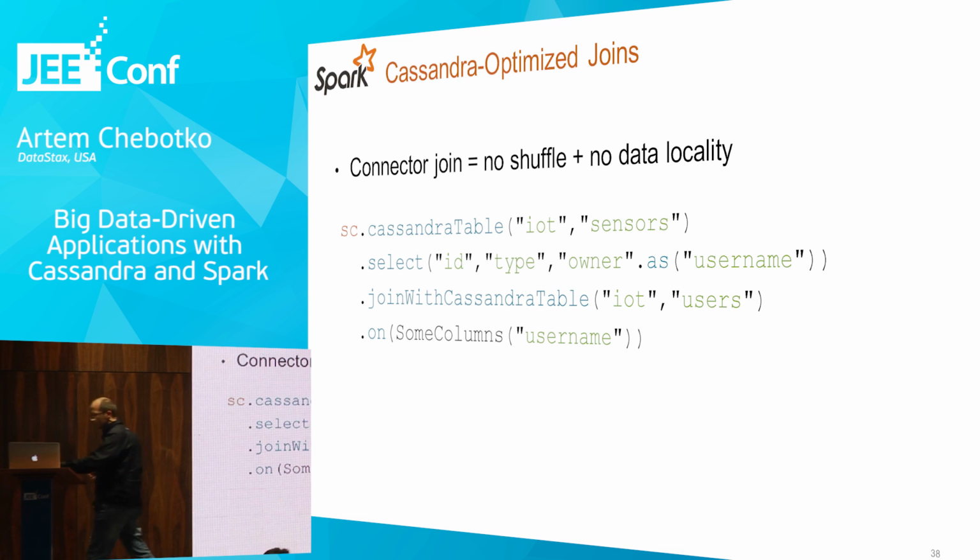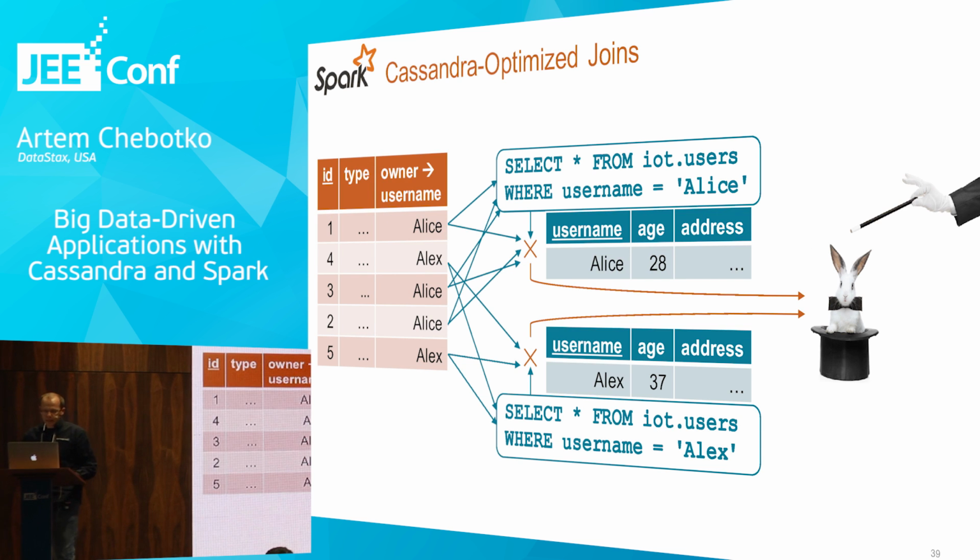The reason why there is no data locality, I'm going to show you on this illustration. This is the RDD where you renamed owner to username. For each owner, for each Alice record or Alex record, this transformation is going to query our Cassandra table.